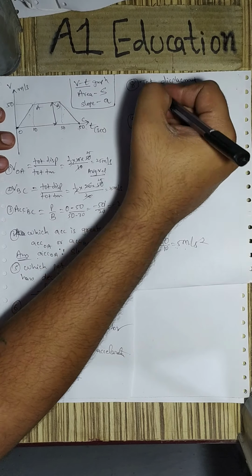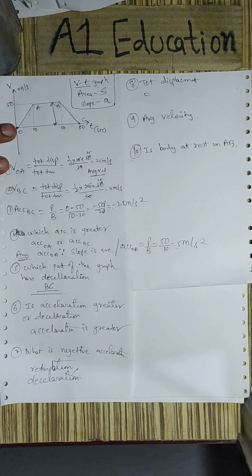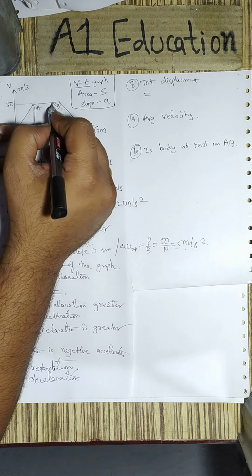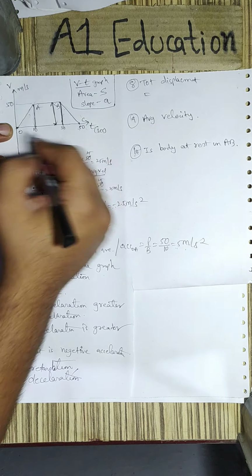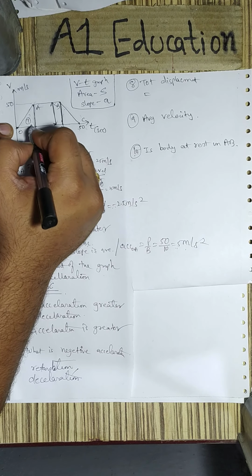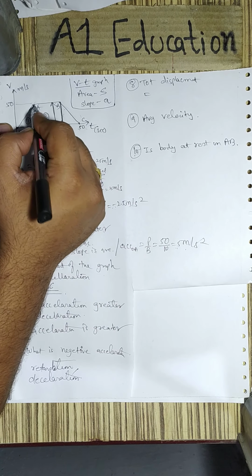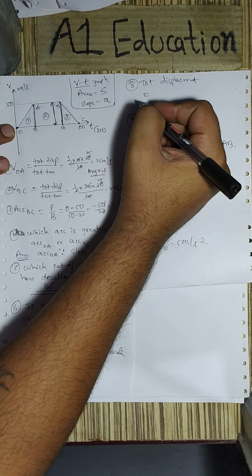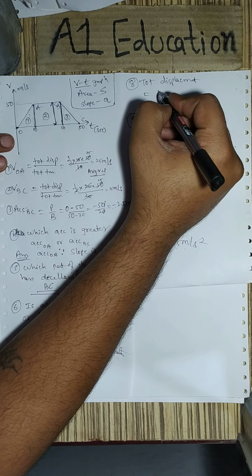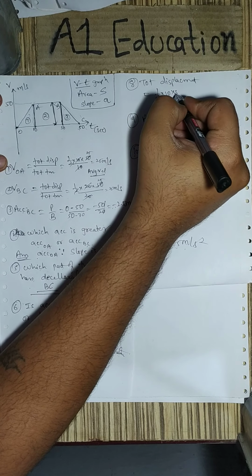Total displacement is again the total area under the graph. Let's calculate the total area. Either you can use the formula of the trapezium, or you can divide this complete graph into parts. Let's say this is the first part triangle, second part rectangle, and the third part triangle. So the area of this triangle will be half, base into height, that is 50.